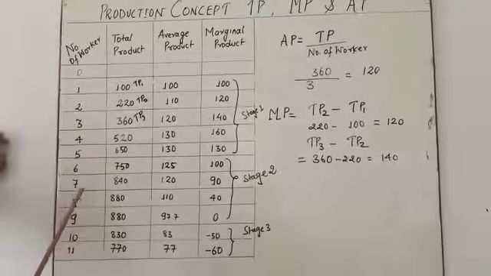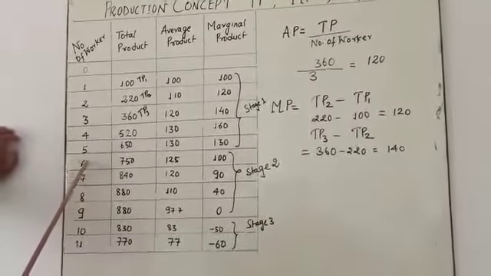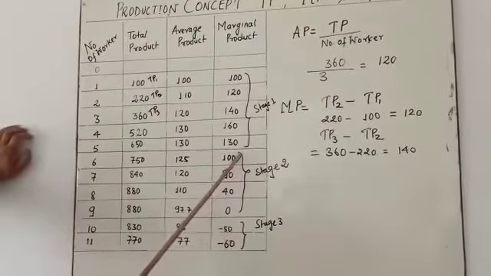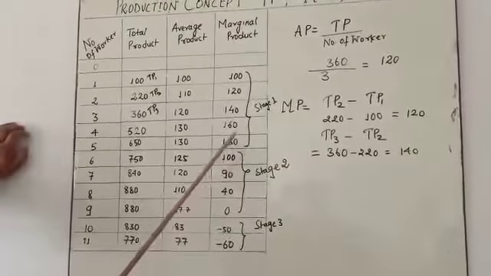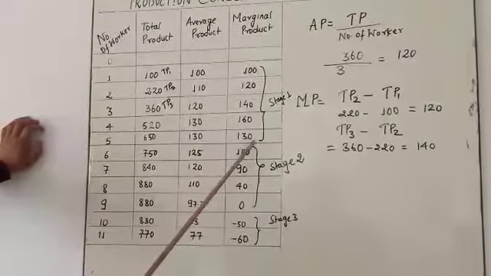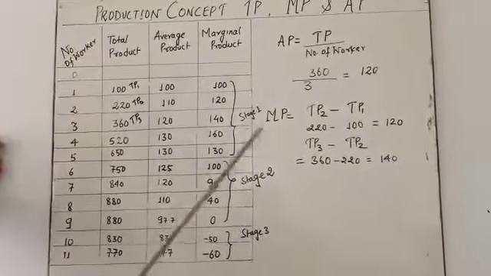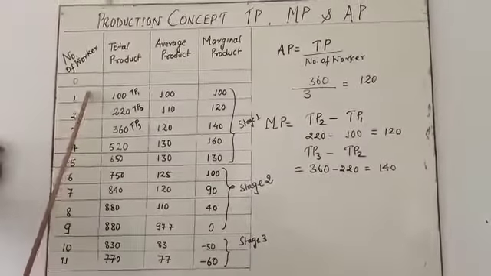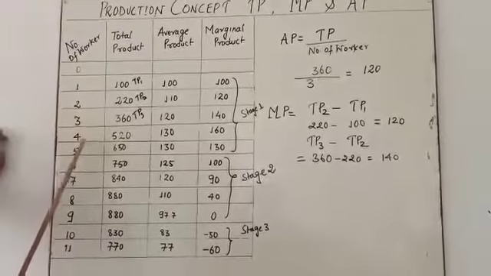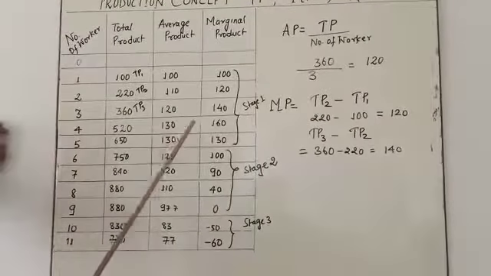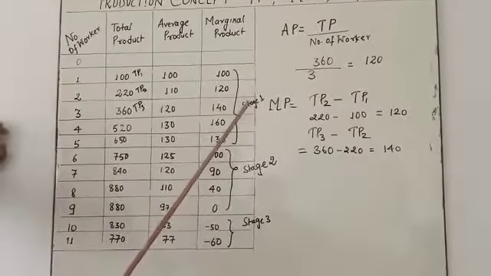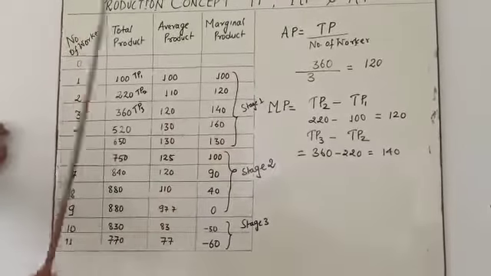As you increase the number of workers from 6 to 9, you are facing the problem of diminishing return. In stage 1, as you increase the number of workers up to 5, you find that it is an increasing return.